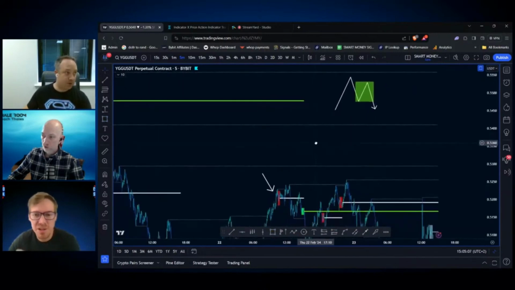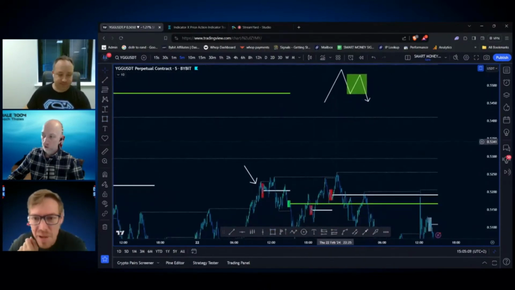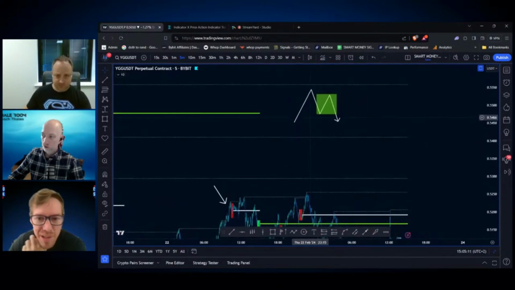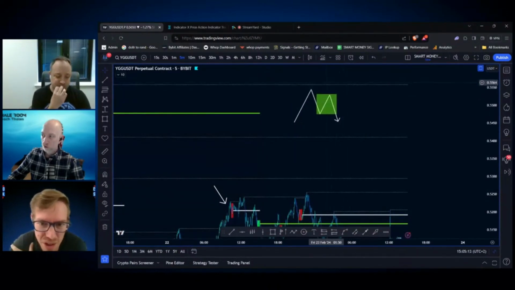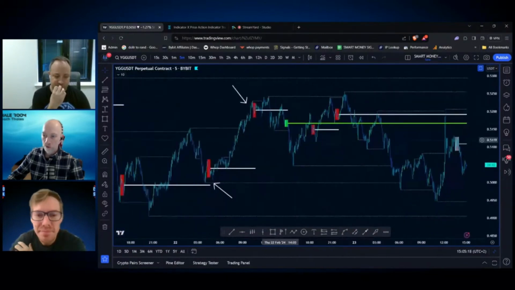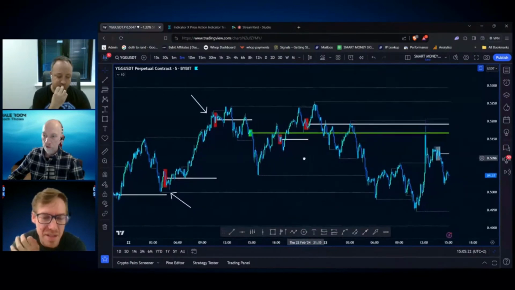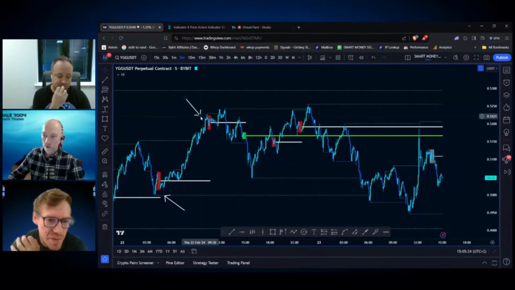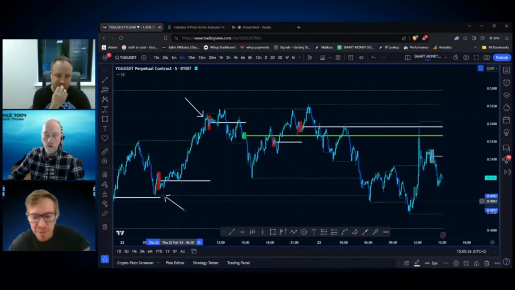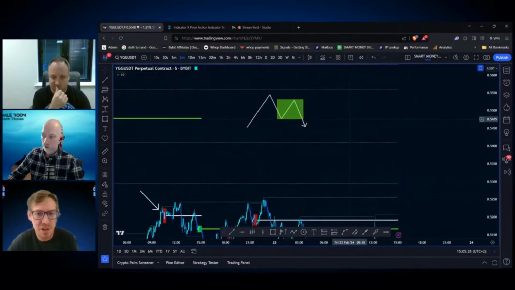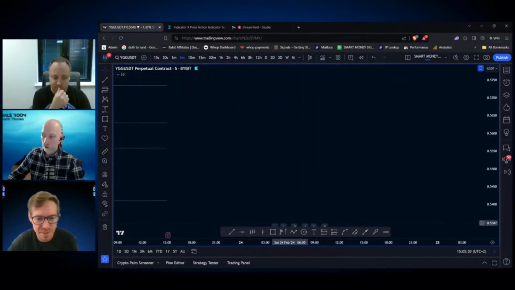Now, it doesn't look too fancy, but this is actually a very important area to become aware of because this is letting us know when contraction is occurring. It's kind of a tightening of price. So what this indicator is doing is it's marking out the 3 phases of a market cycle. The first phase is the contraction where you get the boxes. So let me show you over here exactly how it works first.